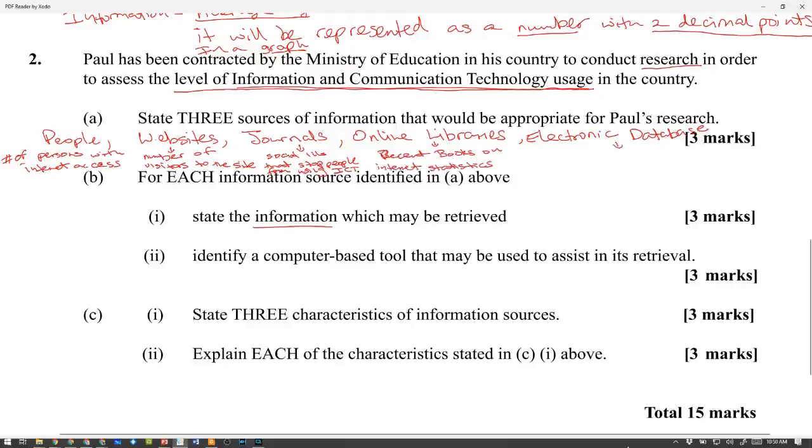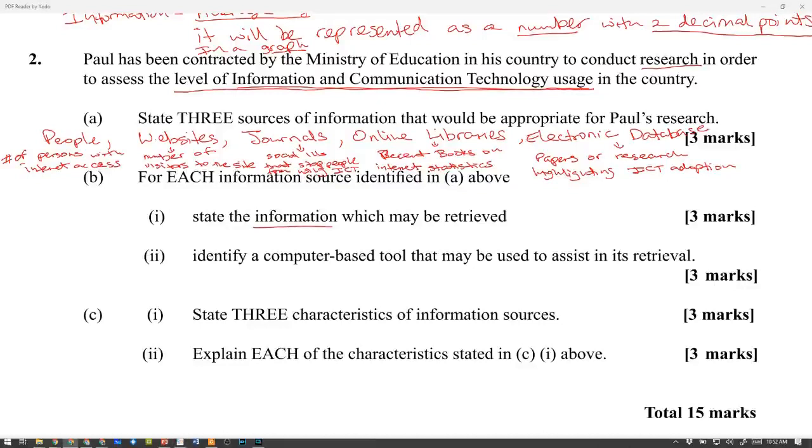Electronic database will have the same thing, papers or research highlighting ICT adoption. Right, basically for each source, you need to show that you understand what type of information is on the source. If you don't understand the type of information that the source has, you'd have a problem. Yes, perfect. That's good.